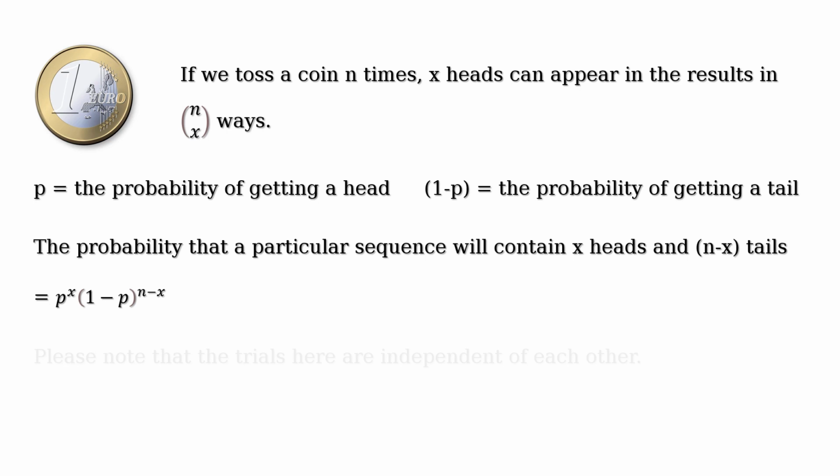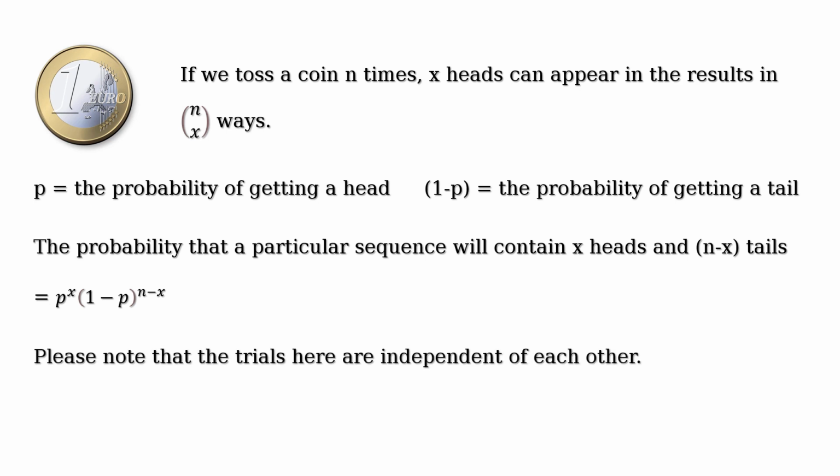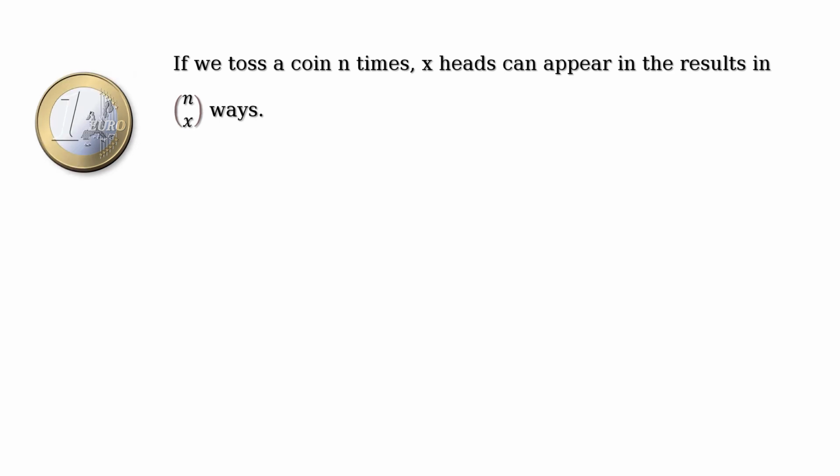Please note that the trials here are independent of each other. Here we toss a fair coin, so both p and 1 minus p are half.